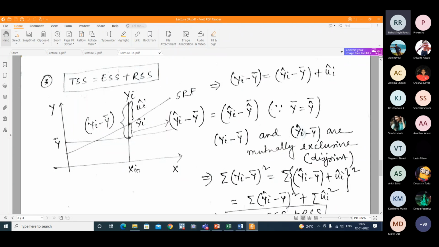So corresponding to this Xi, this is the observed Yi, and this is the estimated line, the sample regression function. Now, if you see this, there is one vertical distance between the sample regression function and the actual Yi.